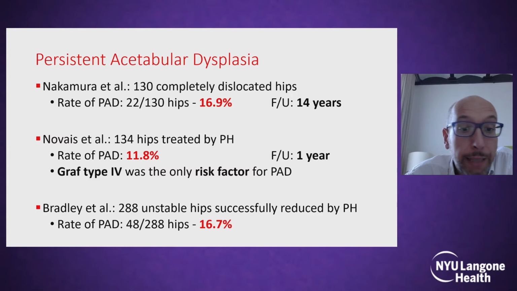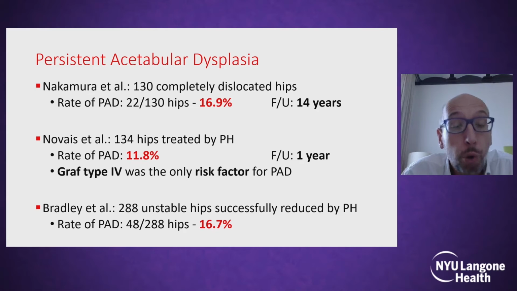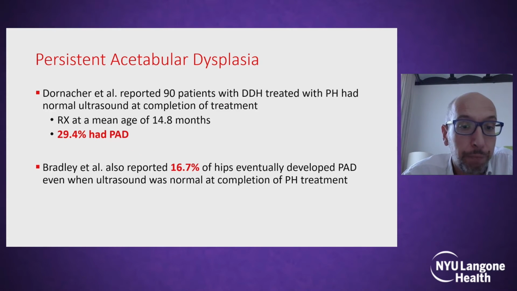But there are several other papers that have identified more or less a 16% risk of persistent acetabular dysplasia. And the only clear factor that has been so far identified and proven to be a risk factor for persistent acetabular dysplasia is Graf type 4 hips.